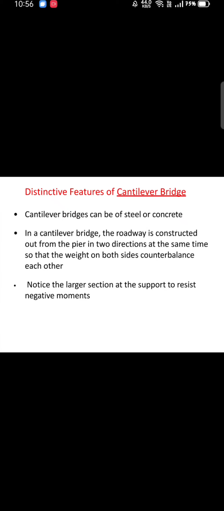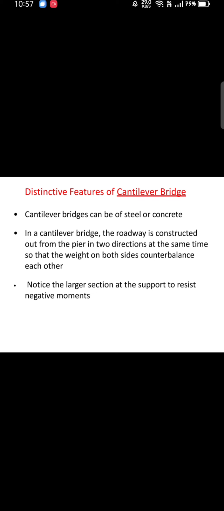Next is cantilever bridges. Cantilever bridges can be of steel or concrete. Here the roadway is constructed out from the pier in two directions. Hence only one single pier will be supporting the two sides of the slab. That is why it is called a cantilever bridge. So the weight on both sides will be counterbalanced here.